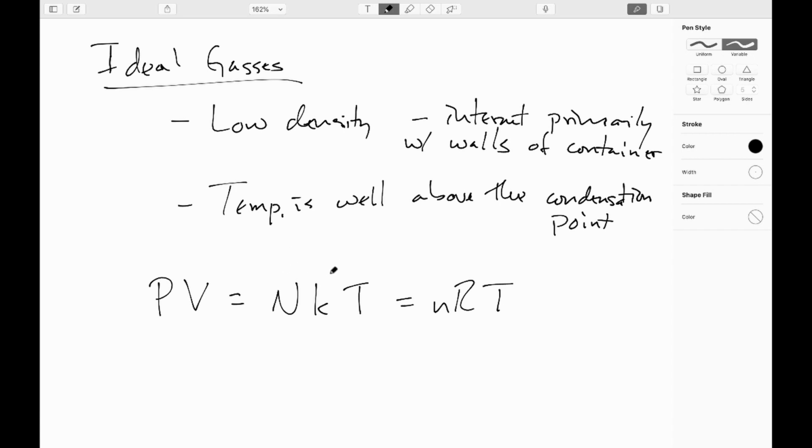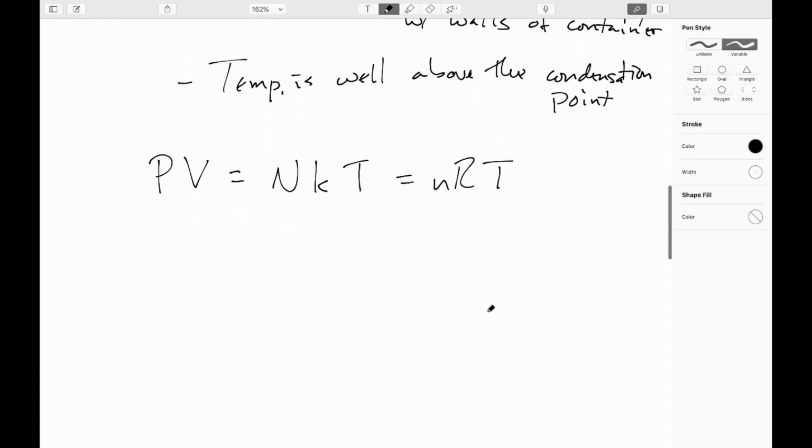k is Boltzmann's constant. In the more classic chem version, this is little n, the number of moles, and R is the ideal gas constant. It turns out that physicists will use these two about on a 50-50 split. Now, this is also more stuff that has been redefined with the new SI.